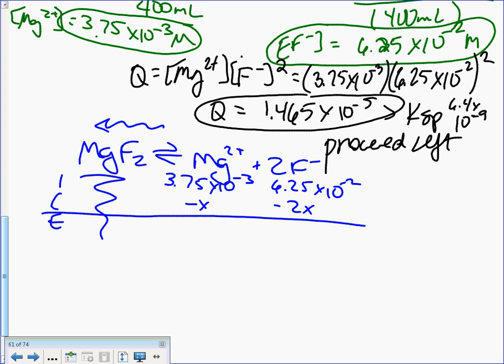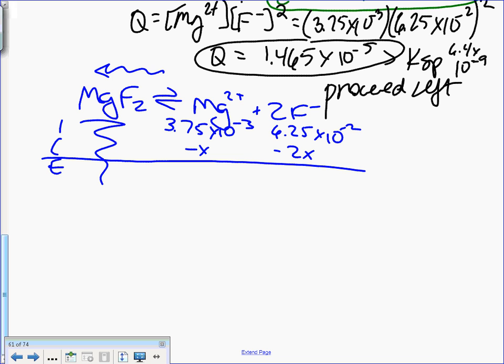Now what do I do? You take that and plug it into your K expression. Good. So you take these equilibriums here and here, you plug it into your K expression, and then maybe we can neglect x, maybe not. Let's talk about it as we get there.